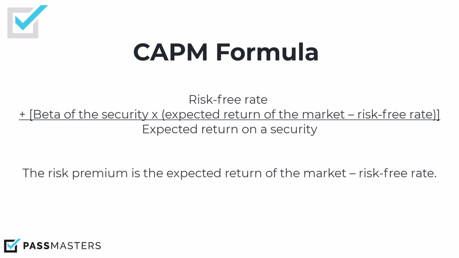So we'll practice a question here. The risk premium is the expected return of the market minus the risk-free rate. Remember, you can always choose that safe investment, the rate of return on a 3-month treasury bill, a 91-day T-bill, or you can choose something riskier. So what is the risk premium?